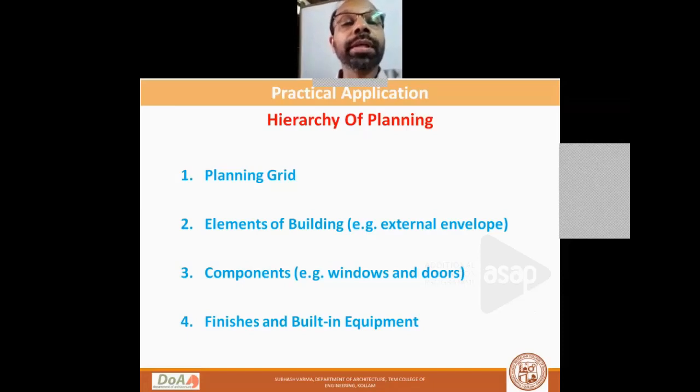So the first priority should be given to the planning grid. You can apply the planning module to the planning grid. After that, you can advance the grid towards the elements of building, such as the external envelope.